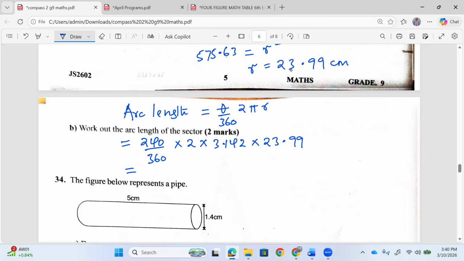This gives us exactly 100.5 centimeters. It's a length.